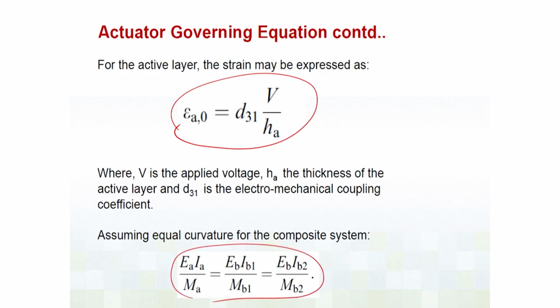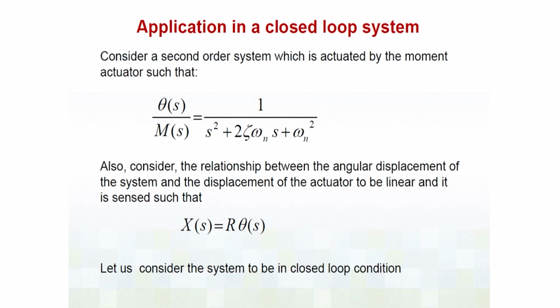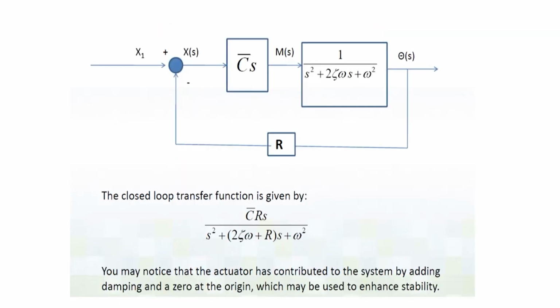Once you have the governing equation of the system, you can create a transfer function, because here we are controlling the bending. The transfer function is between theta and the moment, and in this case you will get a second order transfer function. I will show this later when we come to control system design, but right now you can simply write it down as the plant.